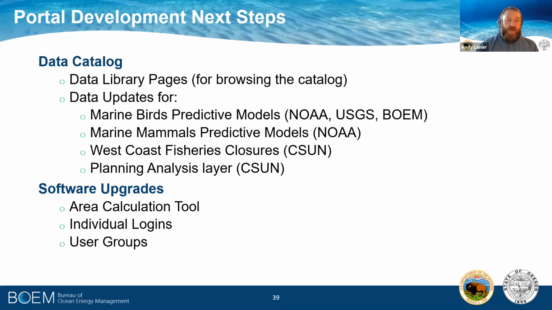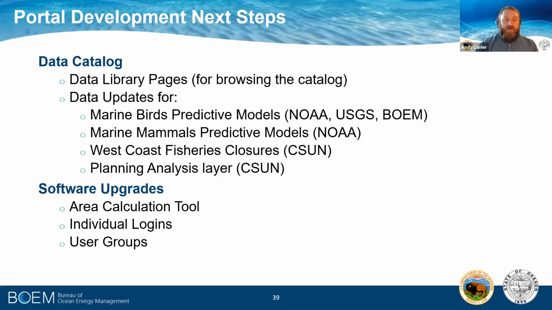Additionally, we have updates coming along the pike for the different data sets that you see here. So we are awaiting information from NOAA, USGS, and BOEM project to develop those marine bird predictive models, in addition to the marine mammals predictive models.